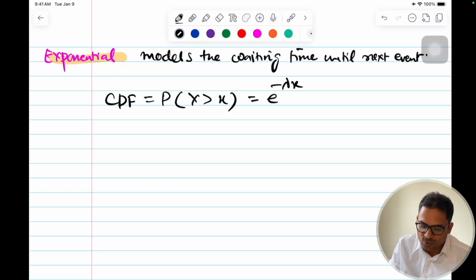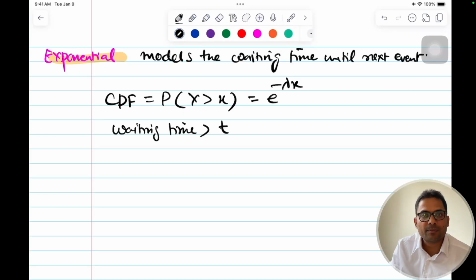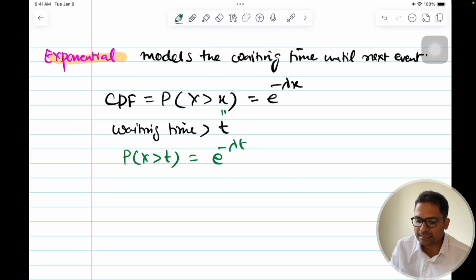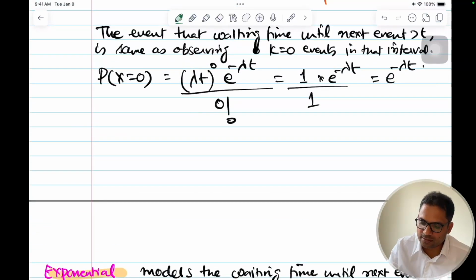Now the probability that the waiting time is greater than some time t, this x will become equal to t. So the probability of x greater than t is equal to e to the power minus lambda t. You see this and you see this.